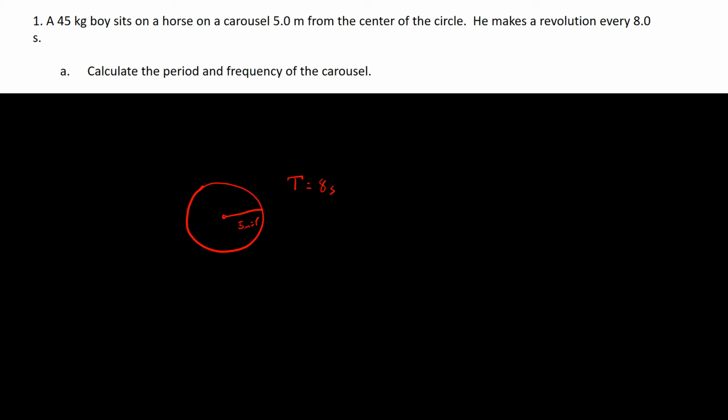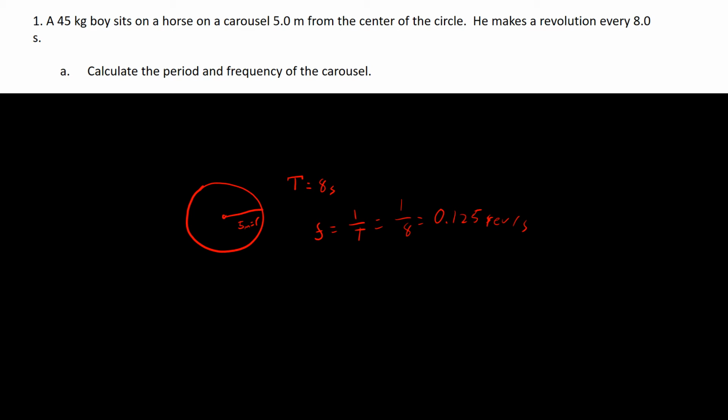So I didn't even need that radius. I already have the period, it just gave it to me. He makes a revolution every 8 seconds, so that is the period. And remember that frequency equals the inverse of the period. So frequency is 1 over 8, which is 0.125 revolutions per second.